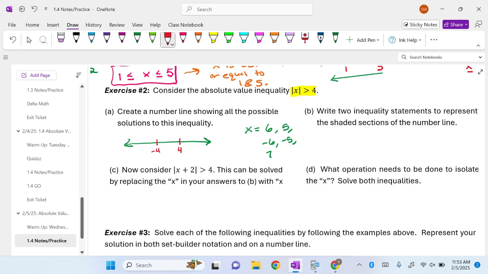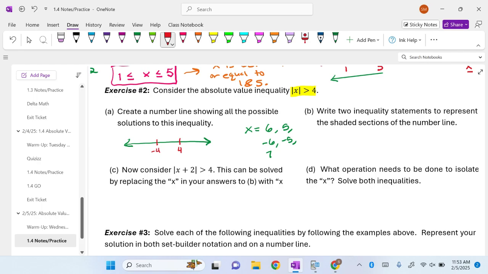So absolute value of -4 is 4, and 4 is not greater than 4. Same thing if you plug in 4 for x. Absolute value of 4 is 4, and 4 is not greater than 4. It doesn't have that equal to symbol underneath it. But we're still going to write the positive and negative of that because it's just part of the solution when you graph it. And you'll see in a second.